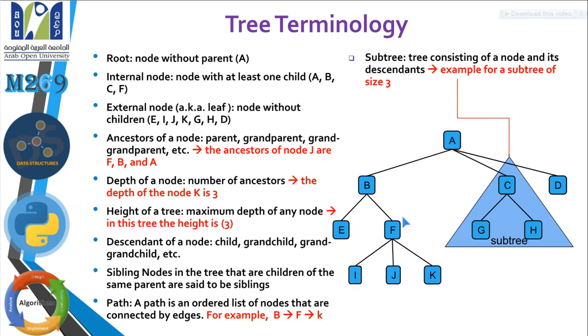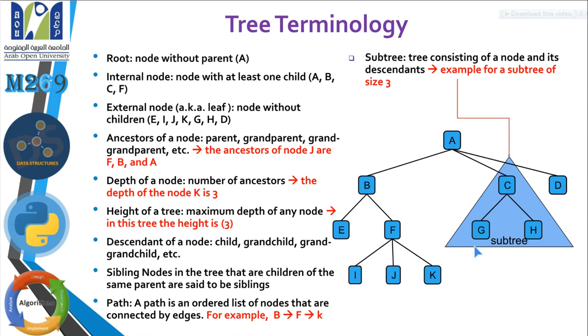E and F are siblings. Why? Because they are coming from B. G and H are siblings because they are coming from C, and so on. So siblings are nodes or children that are coming from the same parents.